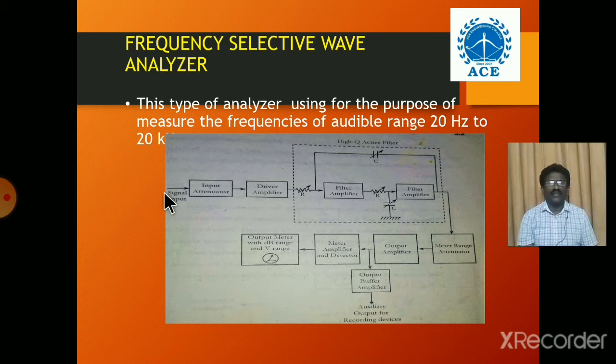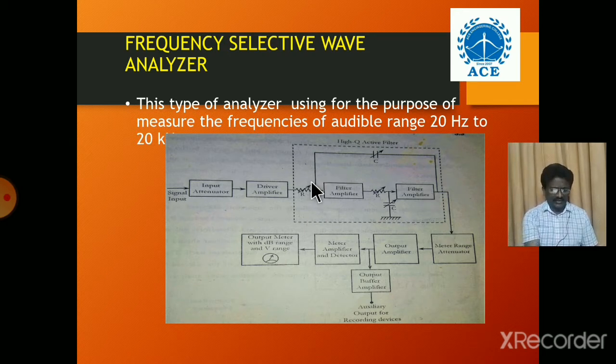Now I will explain the frequency selective wave analyzer. This is the basic block diagram for it. This type of wave analyzer is used to measure frequencies of the audible range, 20 Hz to 20 kHz.